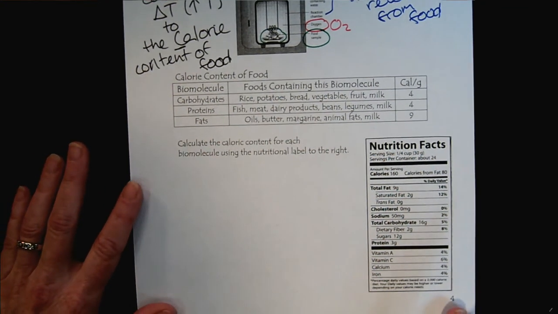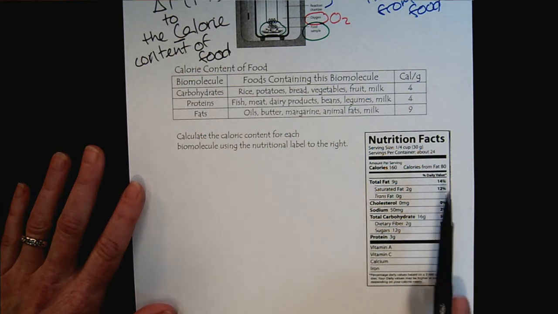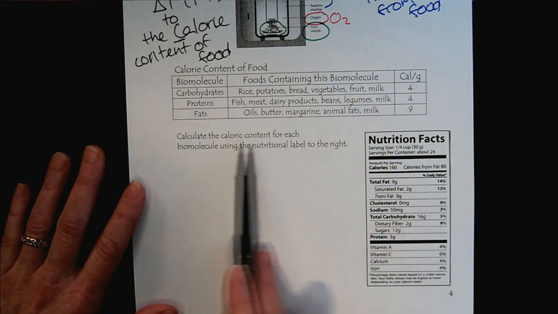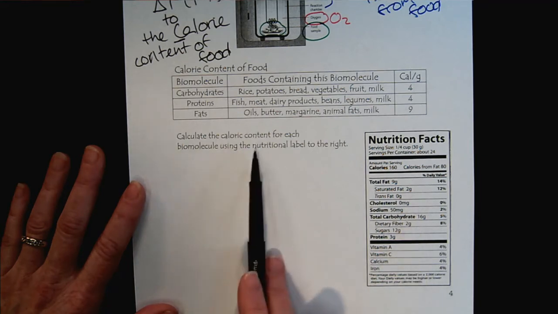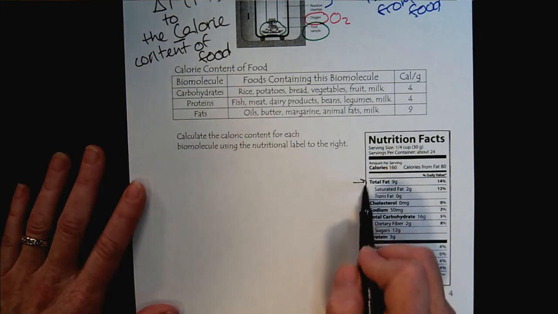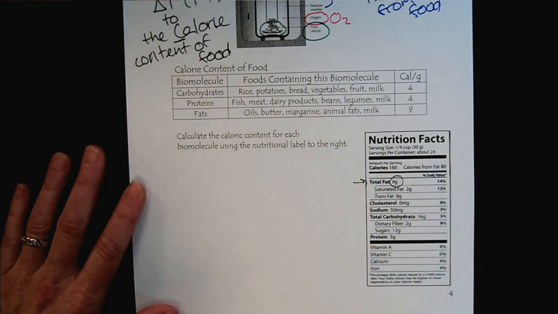Let's finish up by practicing a calculation. So I think this was some granola. I photocopied a label off of some granola. And let's calculate the calorie content for each of the biological molecules on the nutritional label. Since the label starts with fat, let's start there. There are 9 grams of fat in a serving of this granola.